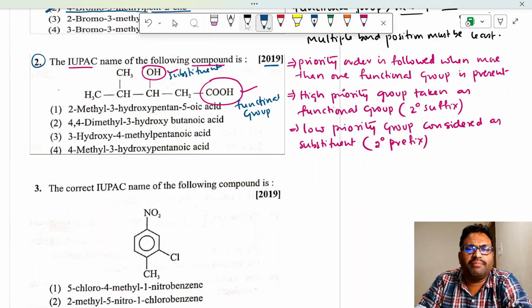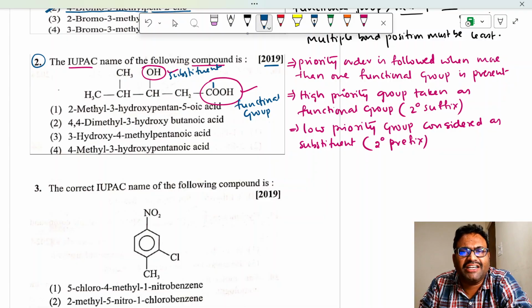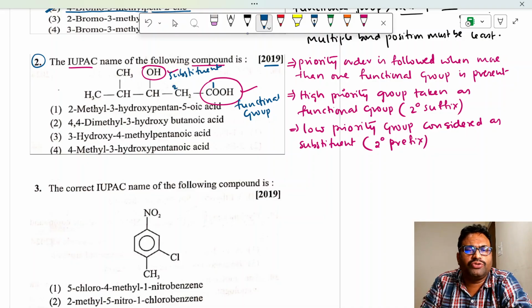How do you give numbers to this? Numbering is to be started from the carbon present in the functional group: 1, 2, 3, 4, 5.